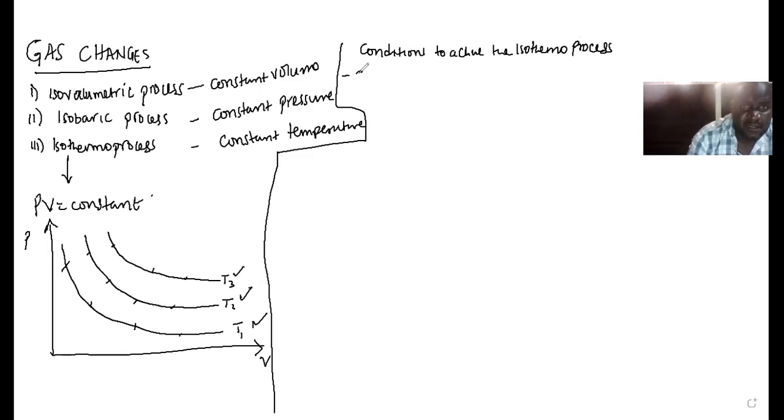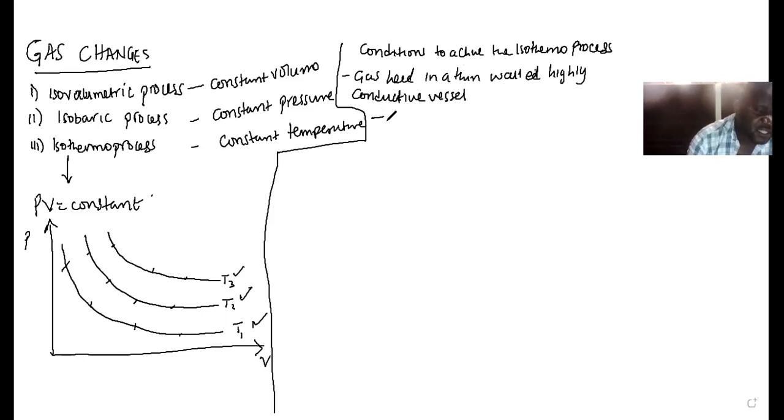Second, the gas vessel should be surrounded by a constant temperature bath.